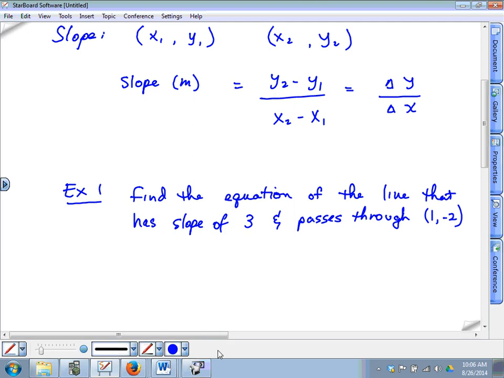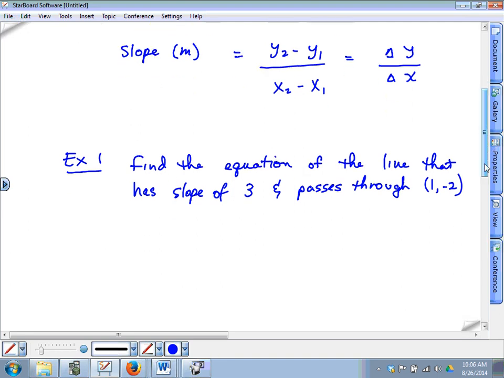Now, I'll show you 2 ways to do this, and I think they're both equally easy, if that even is, anyway. I don't think one's more difficult than the other.